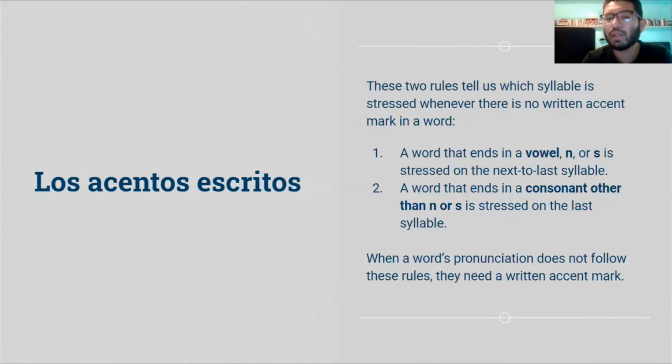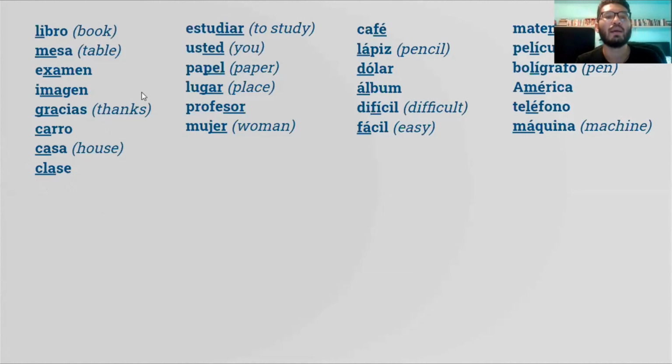So we have libro, mesa, examen, imagen, gracias, carro, casa, clase, no? Again, we pronounce clase, not clase, no difference in where we put our emphasis. The emphasis in this case should be in the second to last syllable, clase.